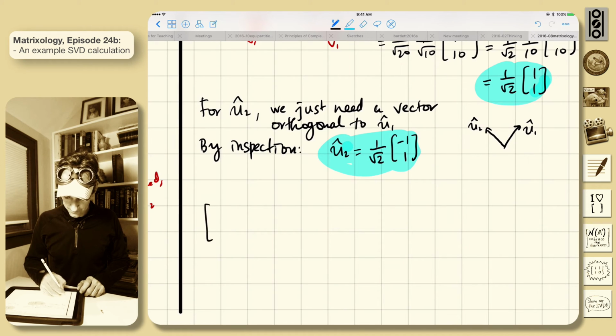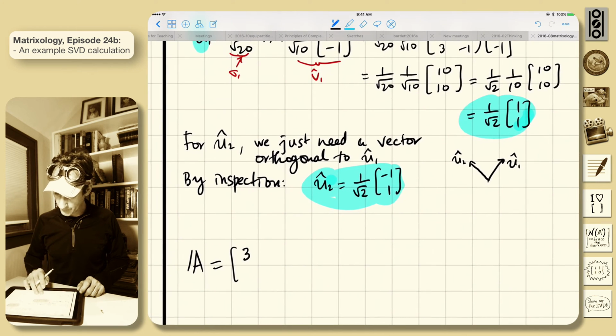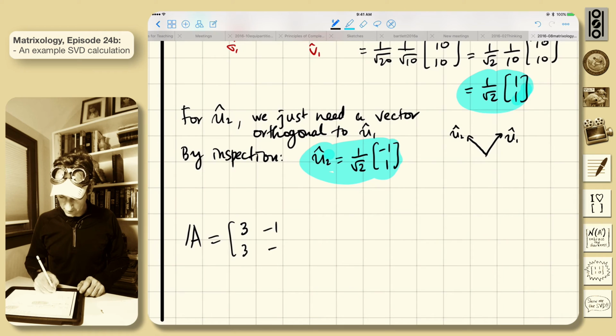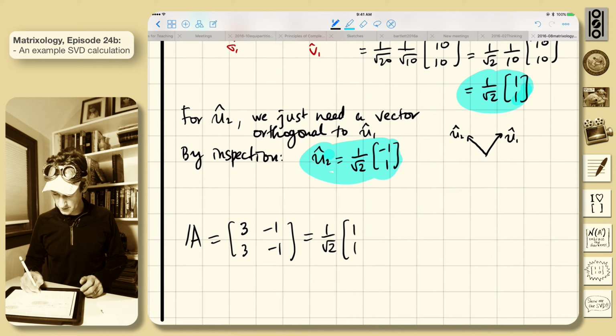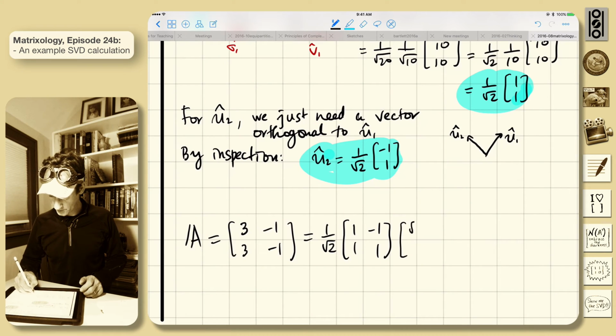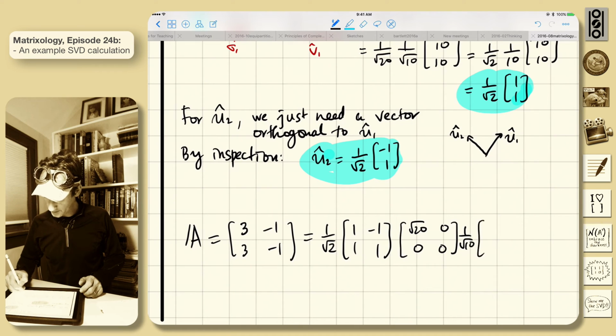So A equals 3 minus 1 minus 1 is now going to be equal to this thing. The U matrix is first, 1, 1, minus 1, 1. And then we have our sigma, which is the square root of 20. It's the only thing that's really there. And then we have 1 over root 10 at the front, 3 minus 1, 1, 3.